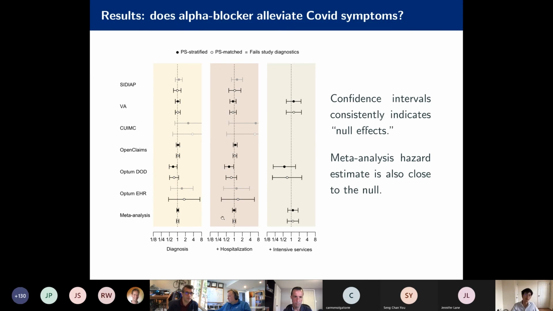Across 6 different databases, we consistently found that there's no difference in the risks of these severe COVID outcomes between alpha-1 blocker users and the active comparator. So the observational data obviously has some issues, but this is nonetheless strong evidence suggesting that perhaps we need to be looking elsewhere for potential COVID therapy.